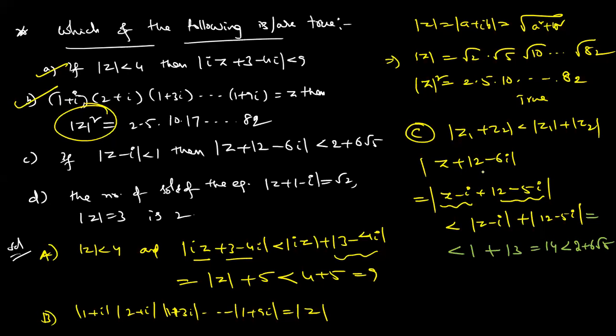Approximately 2.2 something. 2.2 into 6 plus 2, obviously more than 14 is coming, 15 something approximately. Yes, this one is also true. C is also correct. Write it down.